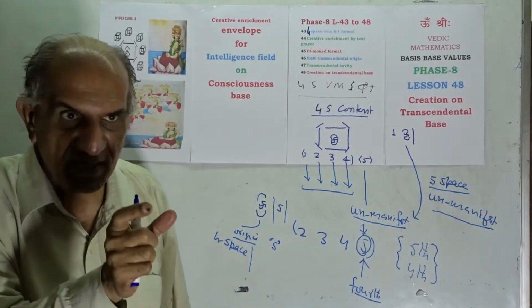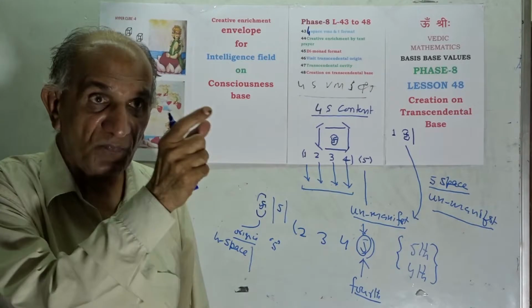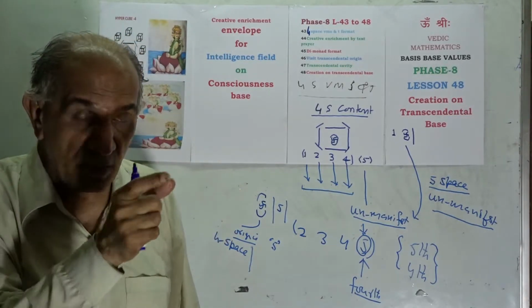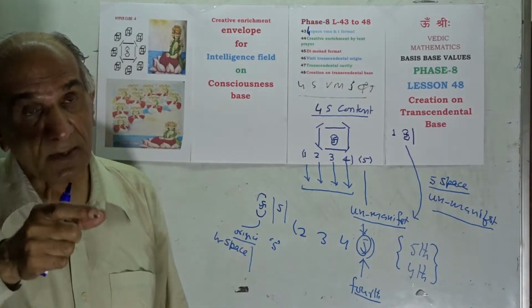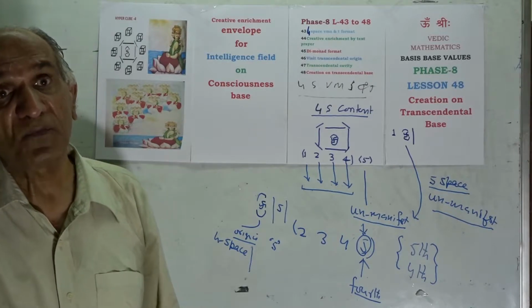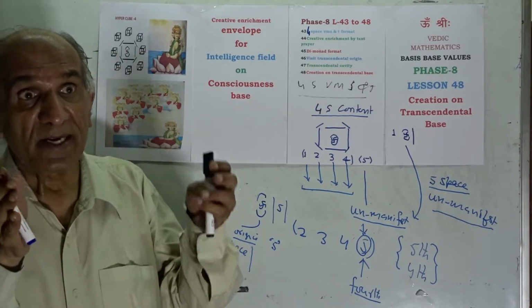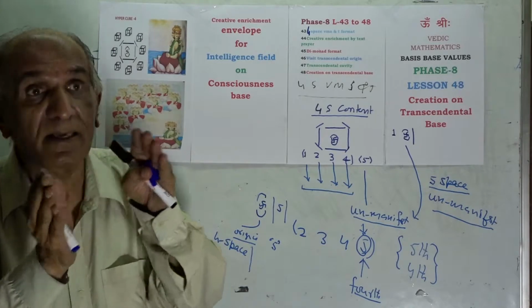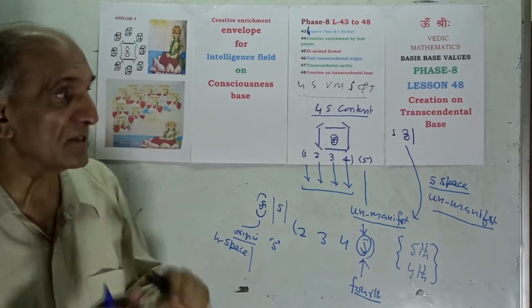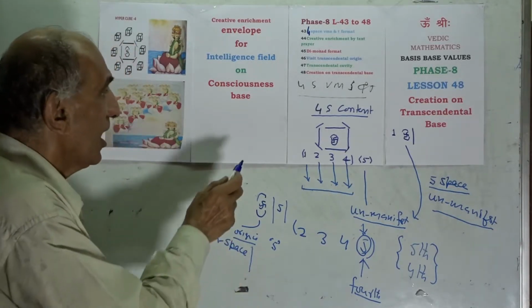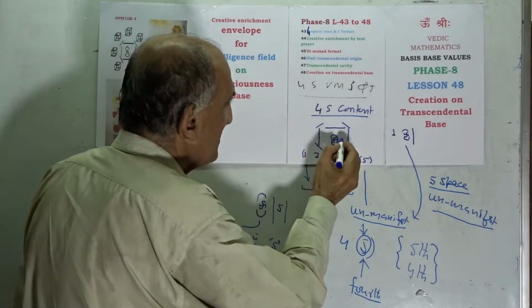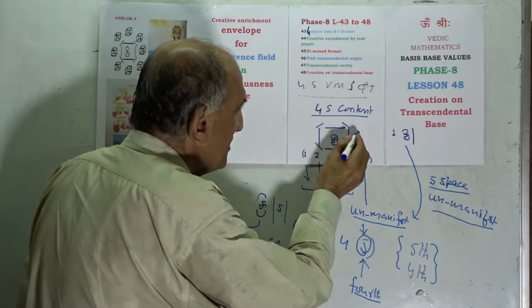So 5-space itself as the 4th fold and 5-space also essentially being of a 5th fold. Therefore, it is this interlinking, it is this dual status, it is this availability of 4 space and 5 space simultaneous in this chase.